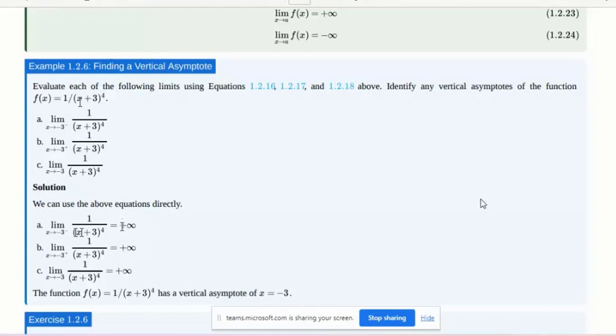Then we solve for x. Do we agree? Yes, x will be -3. That will be our vertical asymptote. Do we agree? Okay, yes.